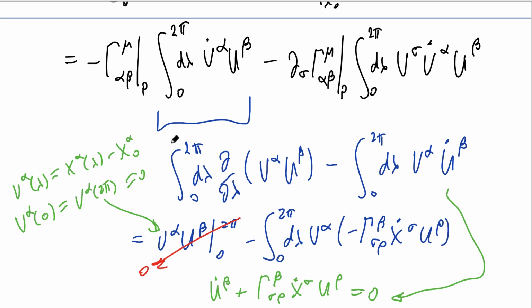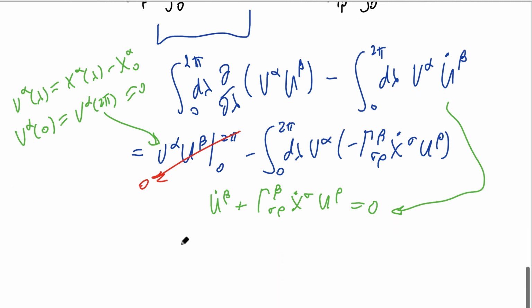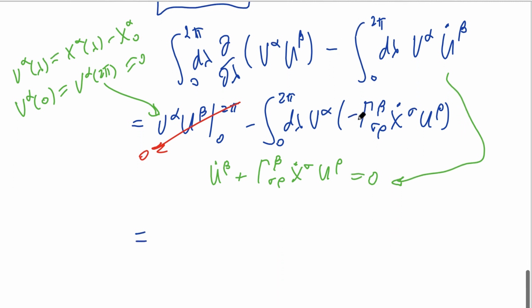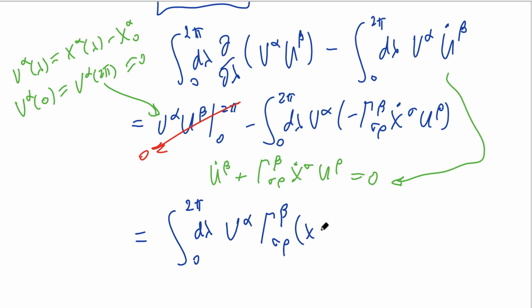And now we see that this integral is equal to, minus and minus gives plus, the integral from 0 to 2π of dλ times v^α, and we have a factor of Γ^β_σρ, and that's evaluated at x(λ). And we have a factor of ẋ^σ, but remember ẋ is just v̇, just differentiating this definition. So this is v̇^σ times u^ρ.